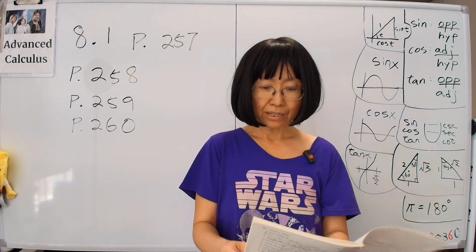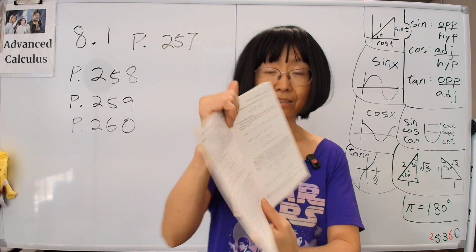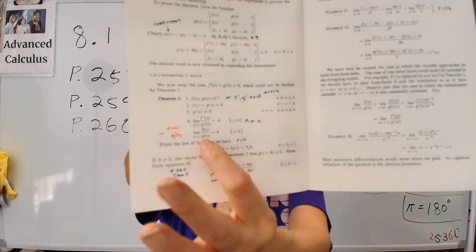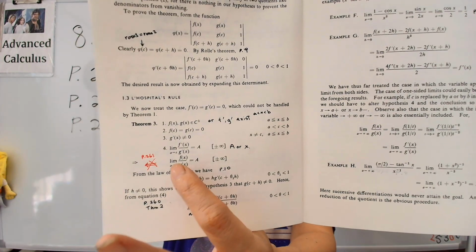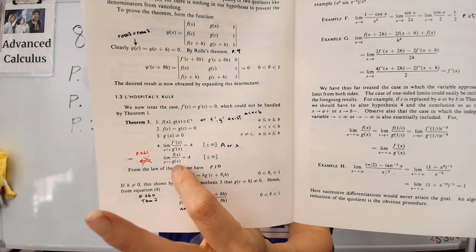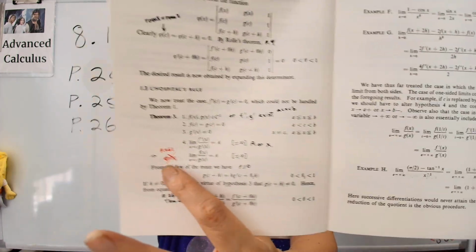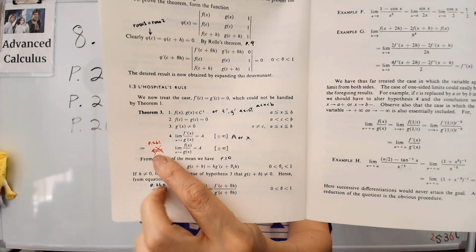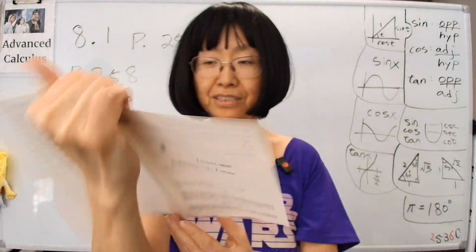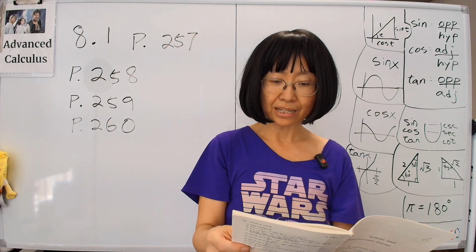Now, however, this theorem does not say that the other way is true. Nowhere does this theorem say that if the limit of f over g equals a, that proves anything about f prime over g prime, which I wrote down right here. The reverse proof doesn't work, unfortunately. And in fact, here's even an example of it.